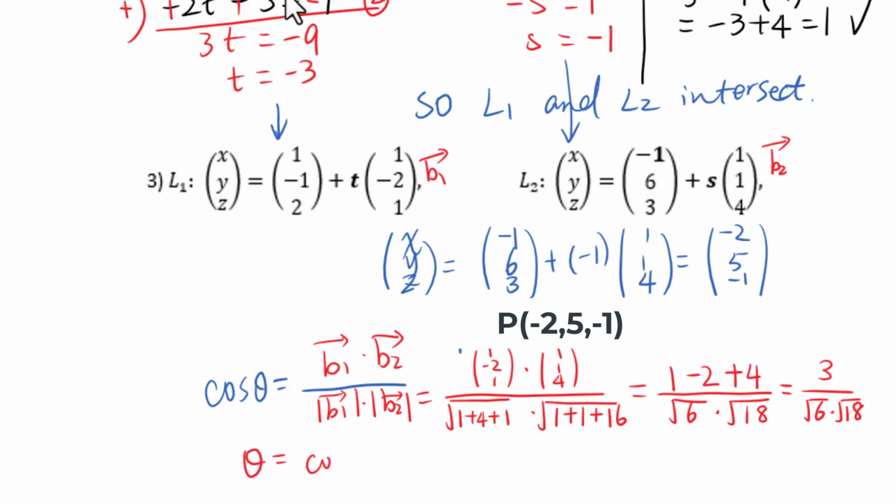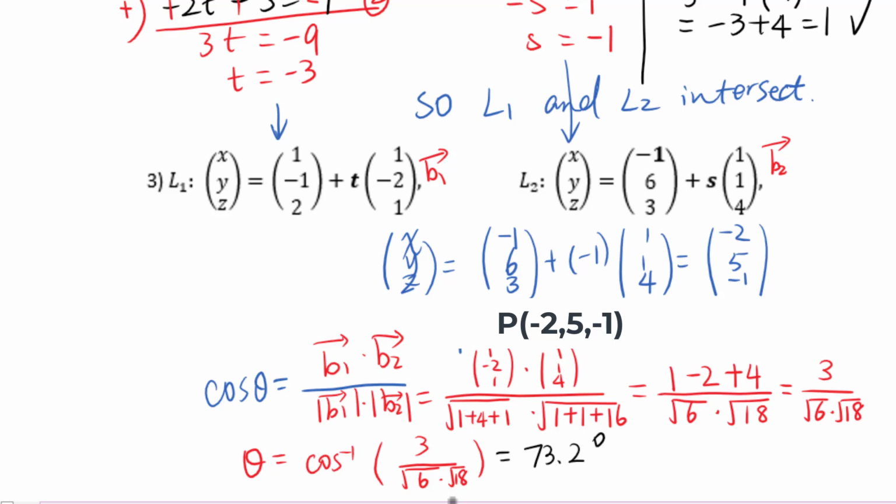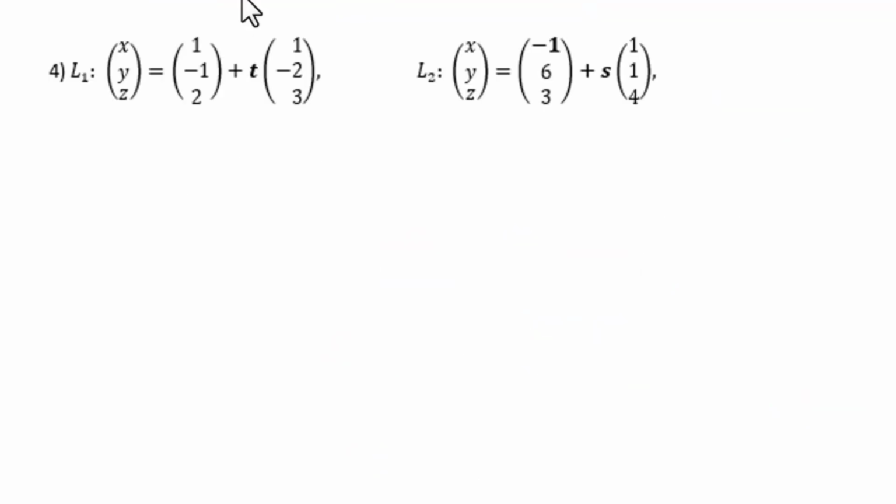Theta equals inverse cosine. You don't have to simplify. We will use a graphing calculator. It equals 73.2 degrees. Let's go to number 4.